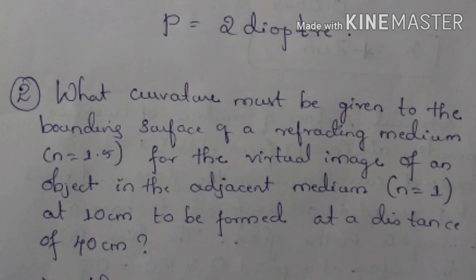So from this we can say n is equal to 1.5 is the glass medium and n is equal to 1 is the air medium. Next, an object at 10 centimeter is to be formed at a distance of 40 centimeter. So here U, the object distance, is 10 centimeter and V, the image distance, is 40 centimeter. We have to find the radius of curvature for these values.